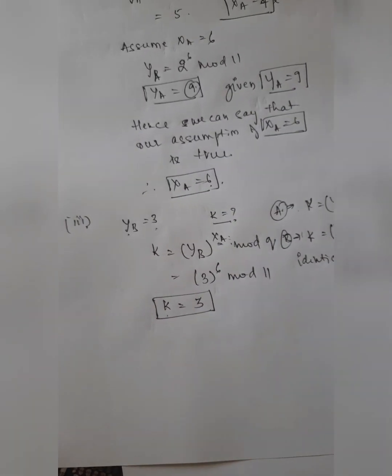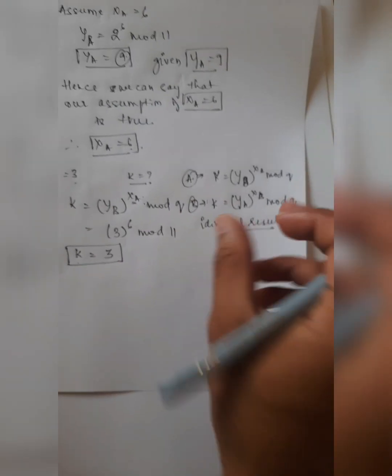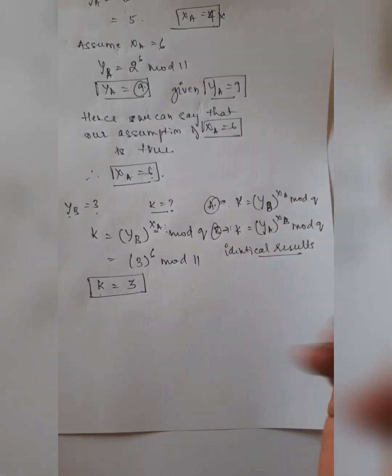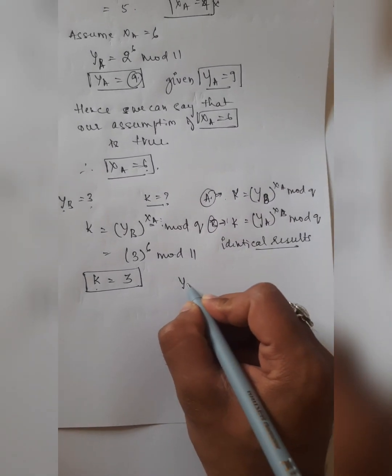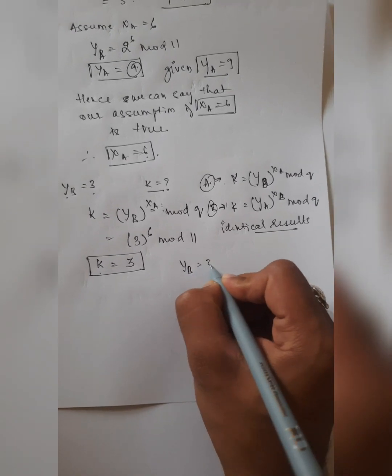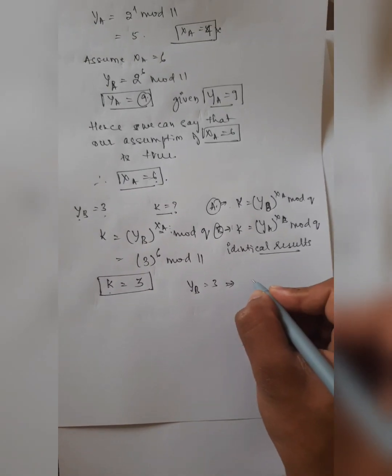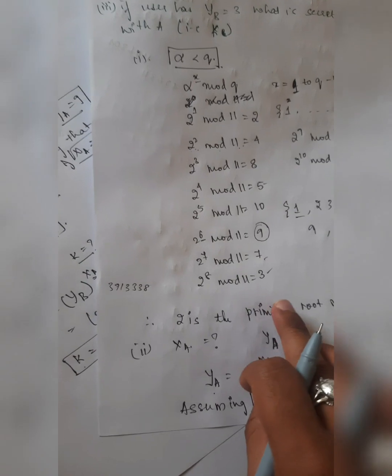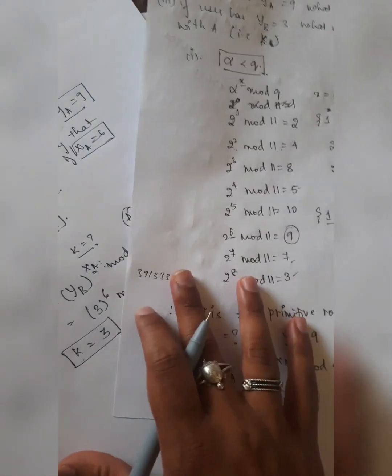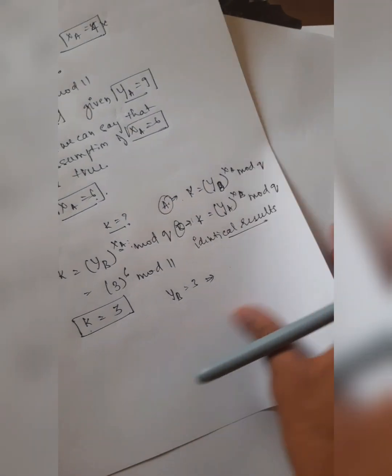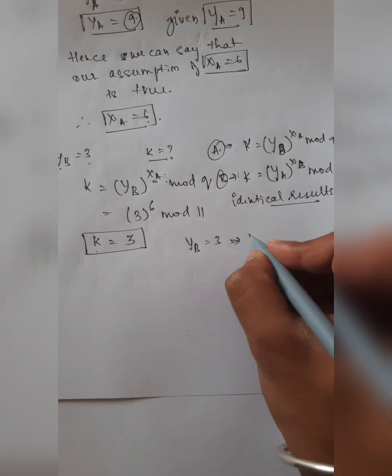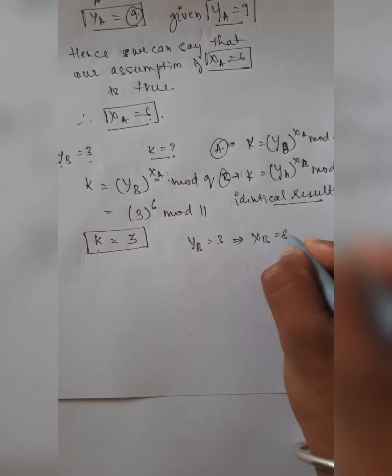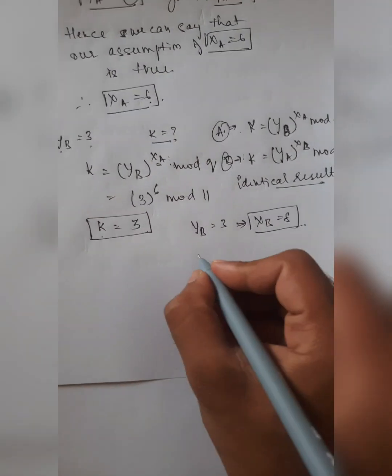Otherwise, if you want to use exactly these formulas only, you can calculate again. They have given us yb is equal to 3, which implies that where we have got 3, here we have got 3 to the power 8, so if you take xb is equal to 8, then you will get that value 3.